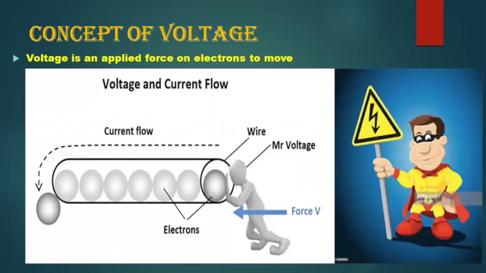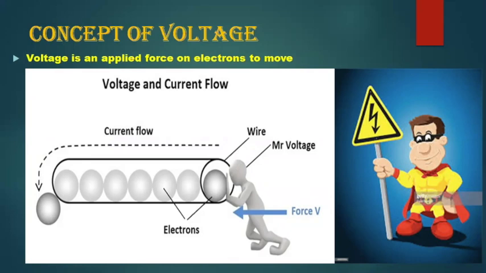Now what is voltage? Voltage is an applied force on electrons to move. So earlier I told you that electrons are responsible for the flow of current, but in order to flow the current through a wire, we need some voltage.